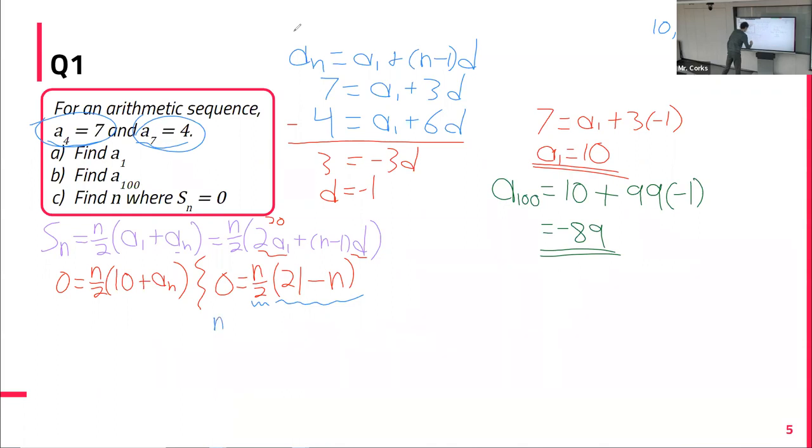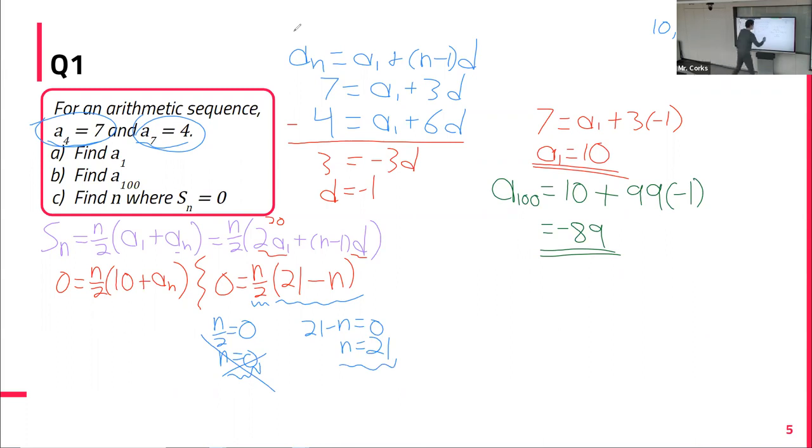So either n over 2 equals 0, and therefore n equals 0, or 21 minus n equals 0, so n equals 21. N equals 0 doesn't make sense because our sequences start at 1. That's the first counter. So 0 is just not really a possibility. We can just ignore that one. So here's our solution, n equals 21.